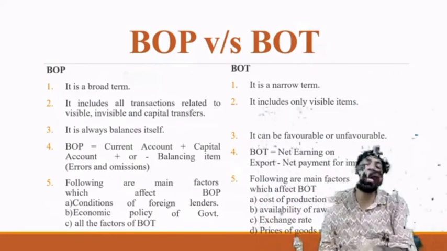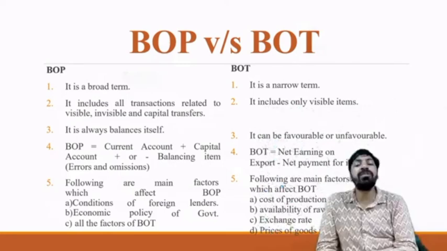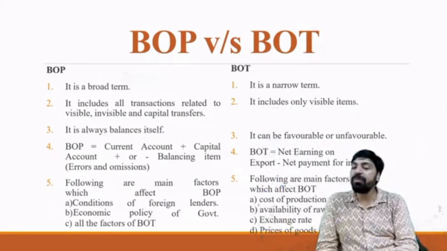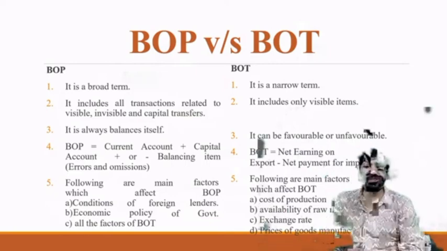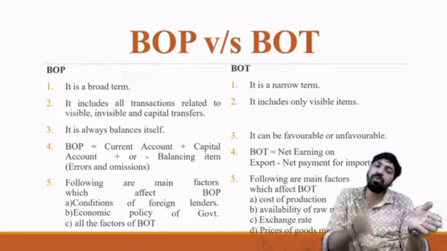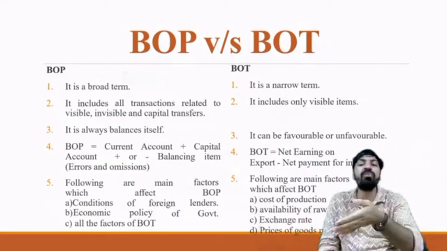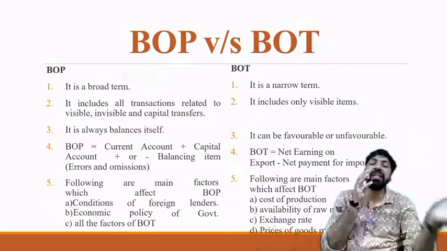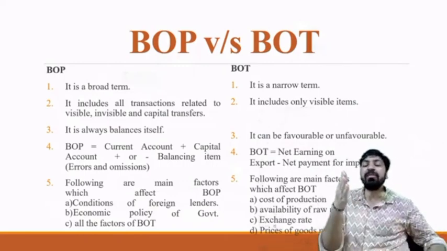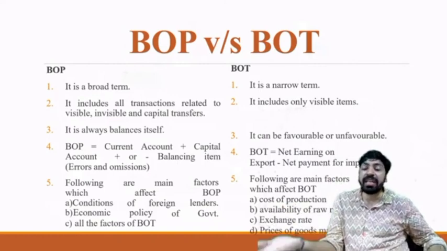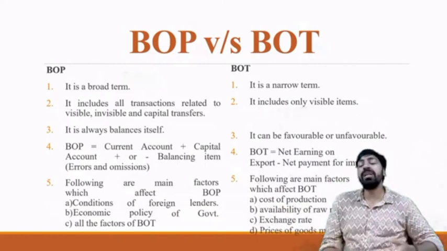So the main factors which influence the balance of trade are the cost of production, the availability of raw materials, and the exchange rate between countries, from India to the US, the US to China, or India to China. Whatever increase or decrease in the exchange rate for the transactions ultimately influences the balance of trade.